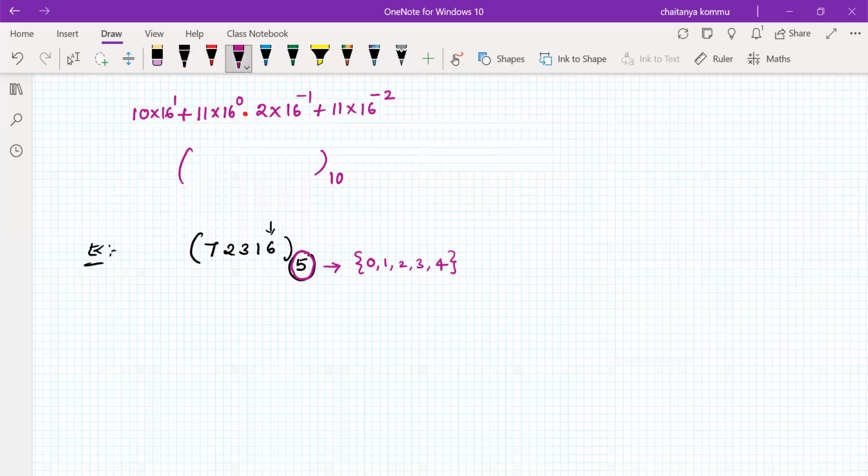Not there, so 6 is not a valid digit. 1, 3 and 2 are valid digits, but 7 is also not a valid digit. Even one invalid digit makes this not a valid number in the given number system. That's how we should know. For example, 321.310, if I say radix 2, I'm giving.